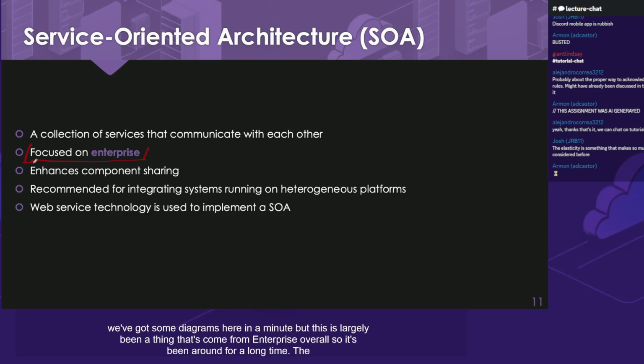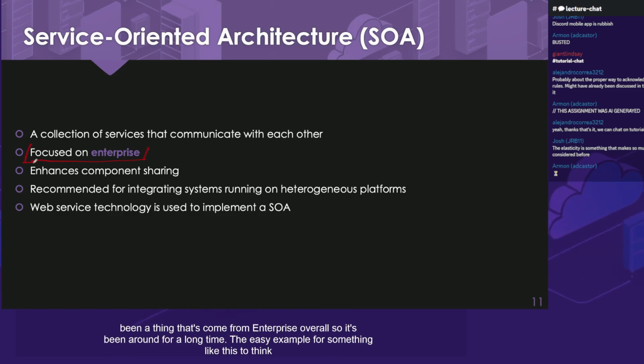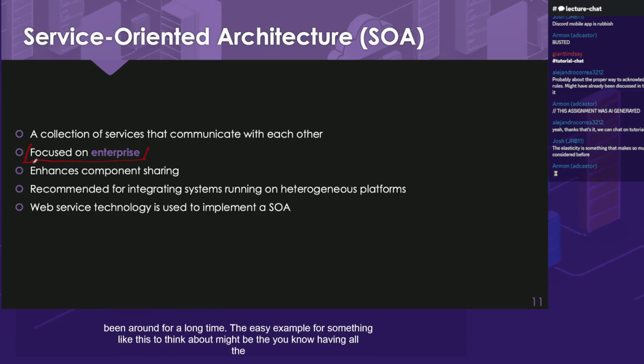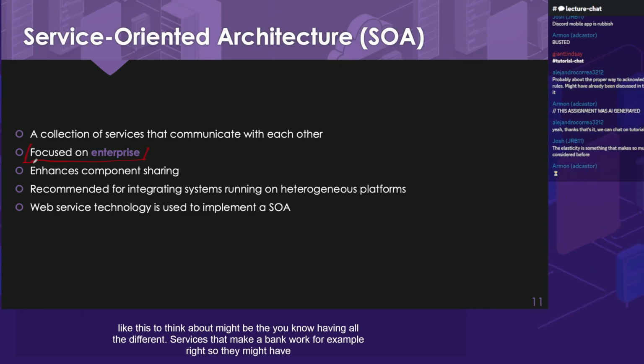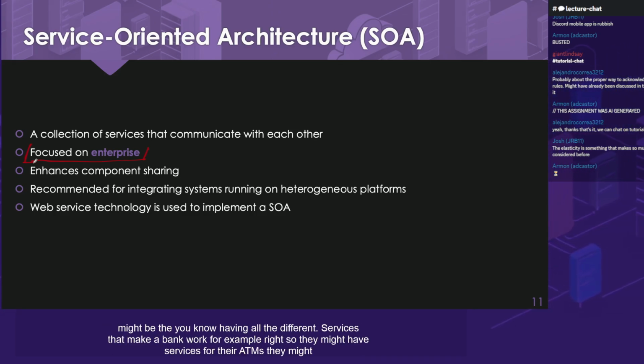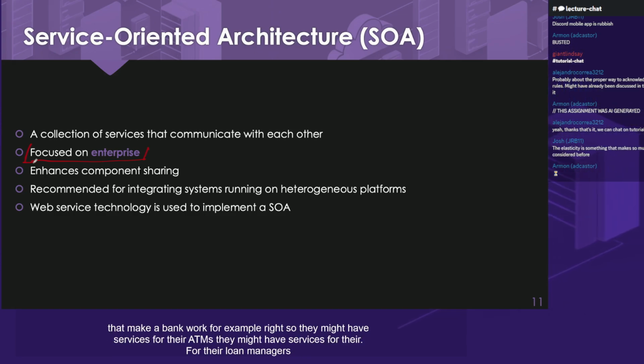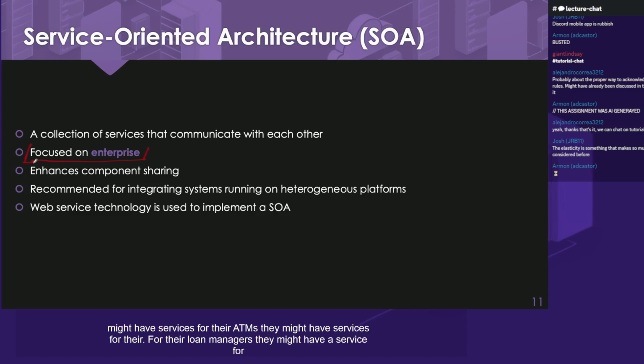The easiest example to think about might be all the different services that make a bank work, for example, right? They might have services for their ATMs. They might have services for their loan managers. They might have a service for managing accounts and all these sort of things.